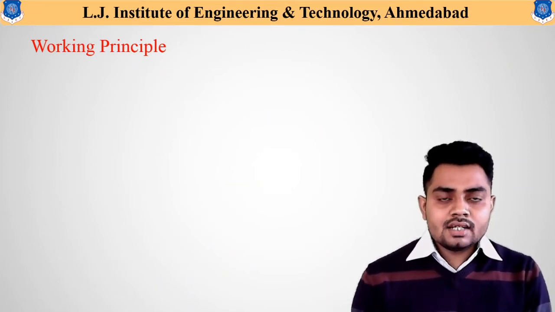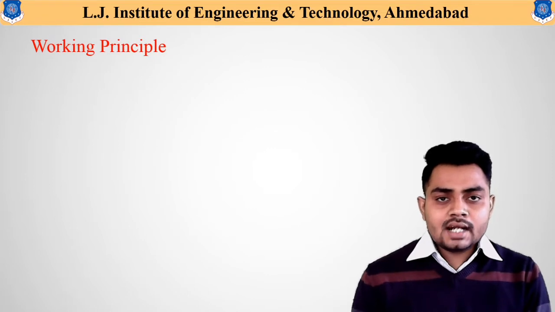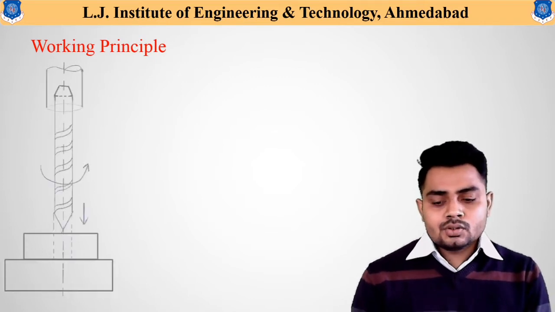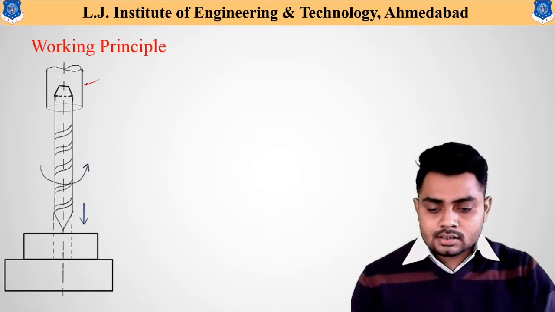For any of the drilling machines to work properly, certain movements are required, and these primary and secondary movements give us the working principle of all the types of drilling machines. Let us have a look at the figure as shown over here. First of all, let us indicate the names of the parts.